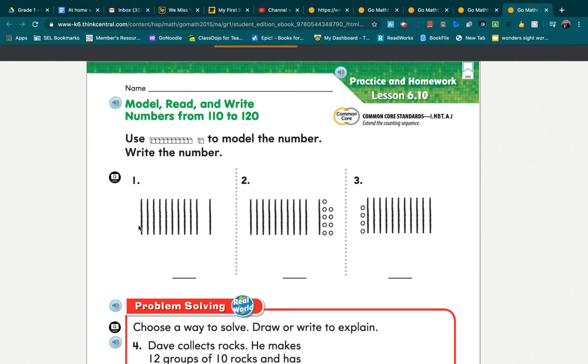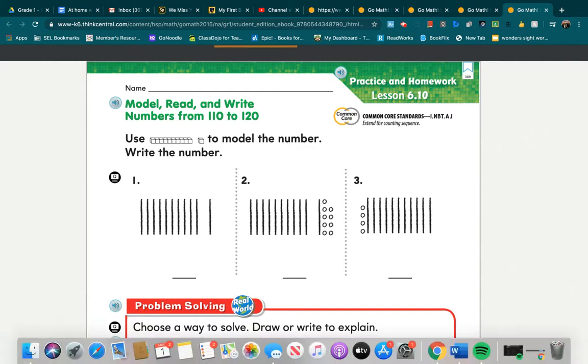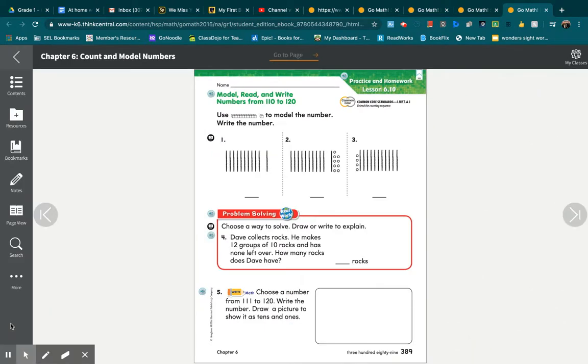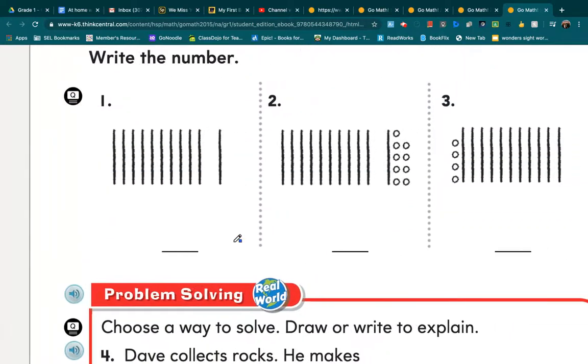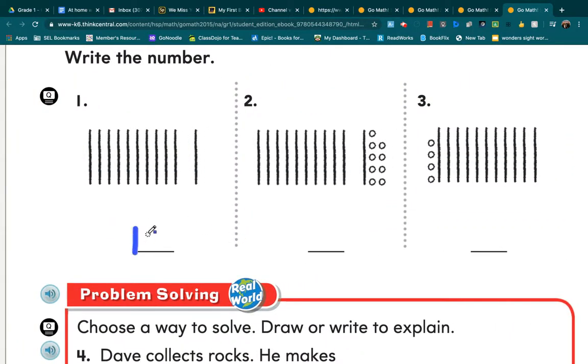So this is one group of 100. And 10 more? Well, what happens if we add 10 to 100? It would be 110. So, the way you write 110, if you did not remember, is with a 1, and a 0.